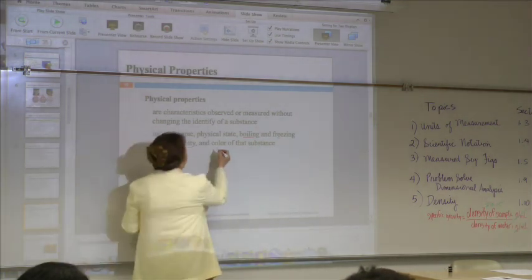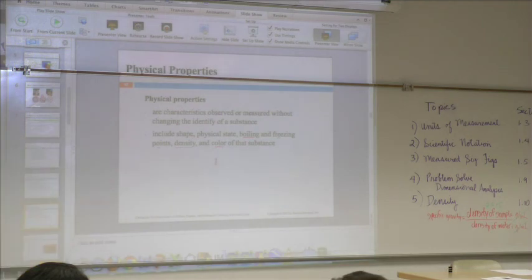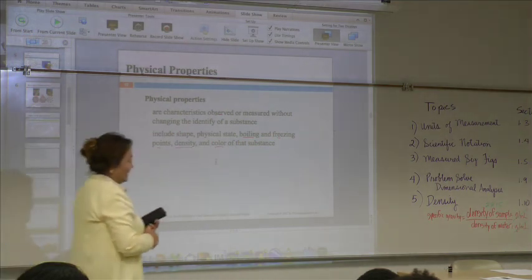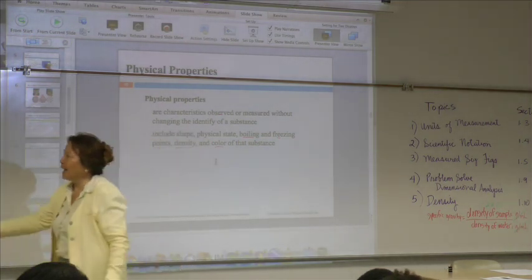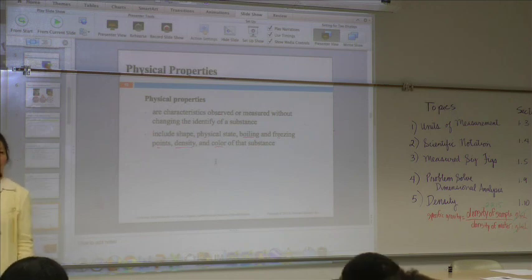But color is also a physical property. So interesting, huh? And actually, the way a Russian scientist set up the periodic table, he arranged them based on their physical properties and chemical properties.